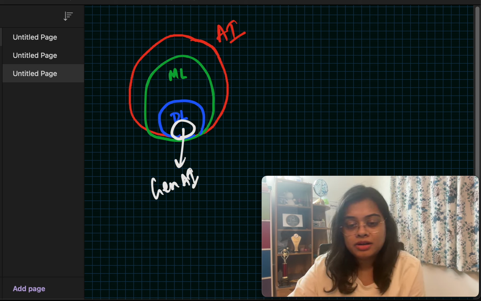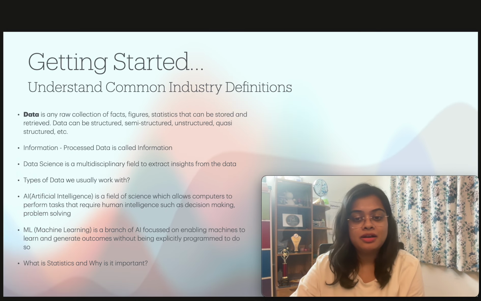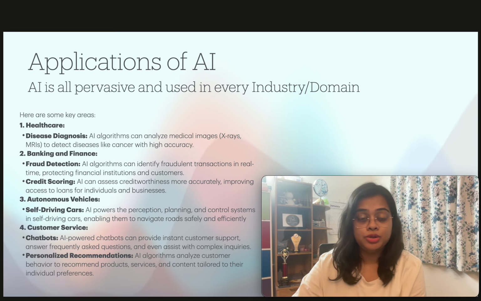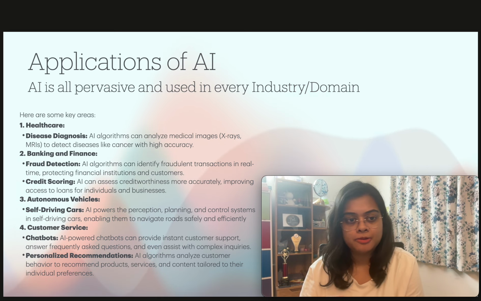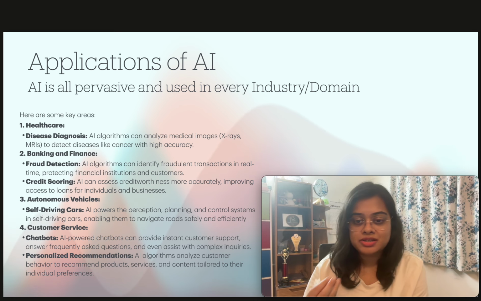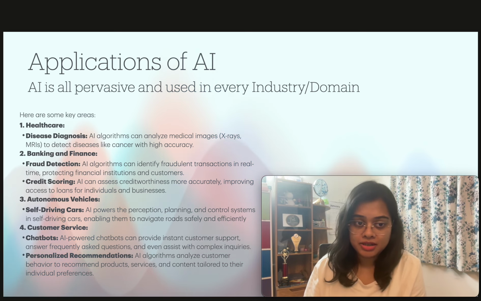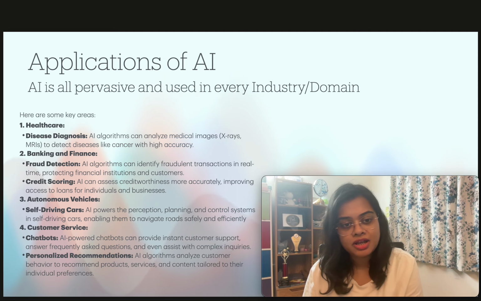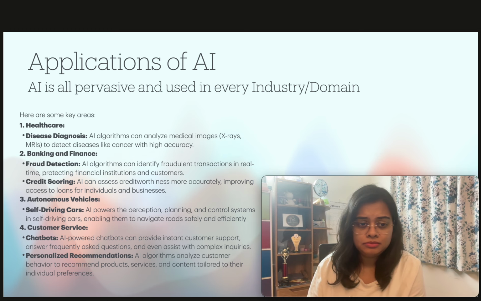And regarding the applications of AI, applications of AI are everywhere around you. In every industry and domain, you can find the application of AI. In healthcare, you can use it for disease prediction. You can also personalize medicine in healthcare. In banking and finance, you can do credit scoring, you can do fraud detection.